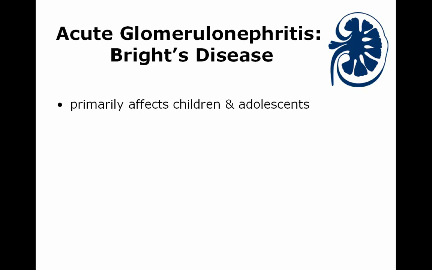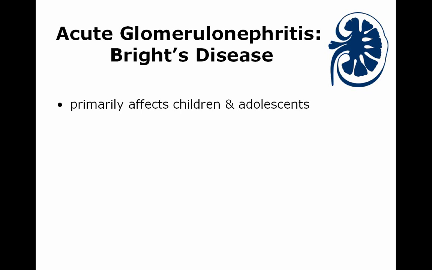The normal function of the glomeruli, more than one, there's millions of them in each kidney, is essential to the normal functioning of the kidneys. This is where the filtration of the blood takes place, where the waste products should leave the bloodstream.